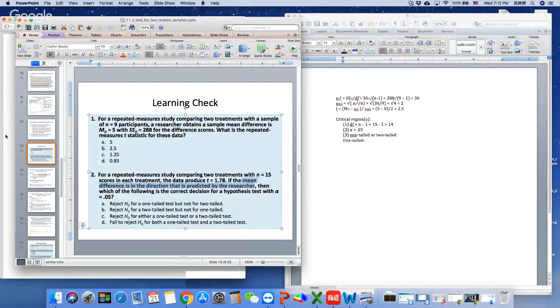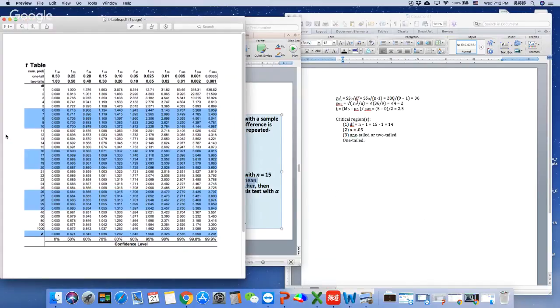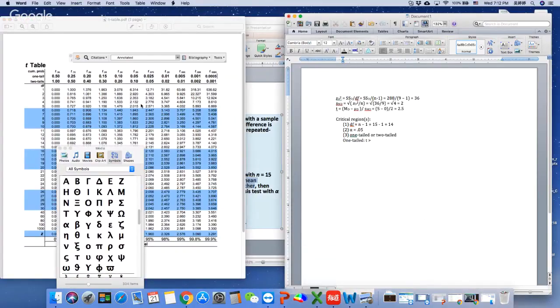So the critical region is t greater than 1.76. And for the two-tailed test, t is either smaller than negative 2.145 or greater than positive 2.145.